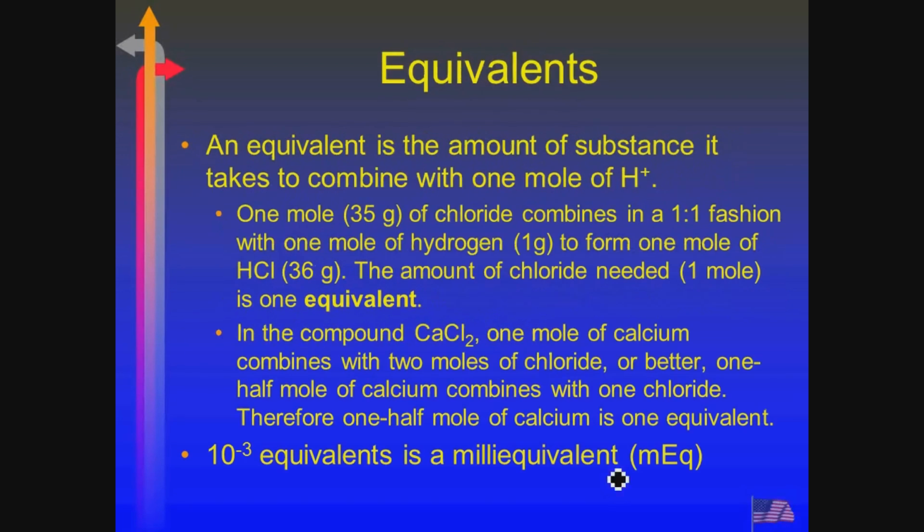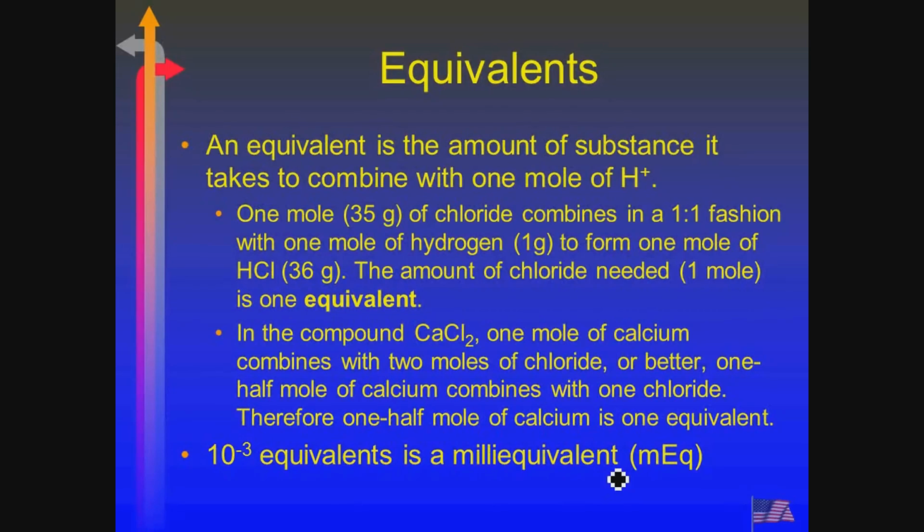And then finally, the term equivalent. An equivalent talks about how much of a substance is required to combine with 1 mole of hydrogen ions. In an example of chloride, 1 mole of chloride ions, they combine in a 1-to-1 relationship so that 1 mole of hydrogen combines with 1 mole of chloride to form hydrochloric acid.